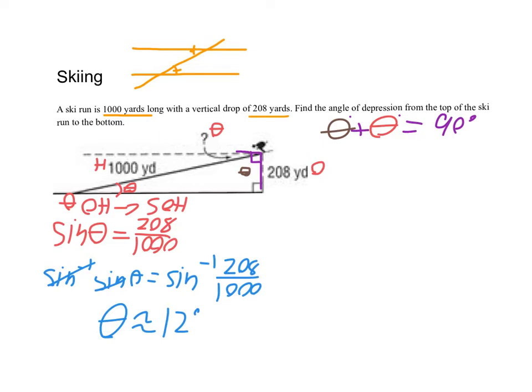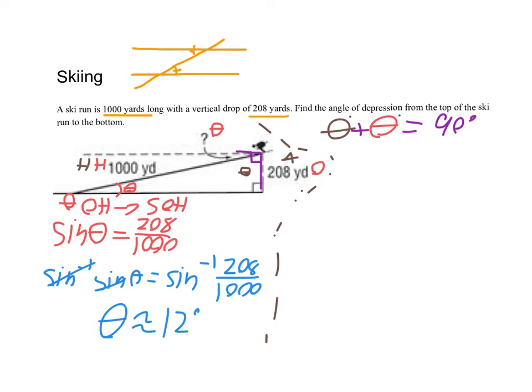So if I solve for whatever the brown theta is, I can then subtract that answer from 90 to find my red theta. And how that's going to look like, divide up the space here so I don't get things mixed up. In terms of my brown theta, my 208 is my adjacent side, and my 1,000 is still my hypotenuse.